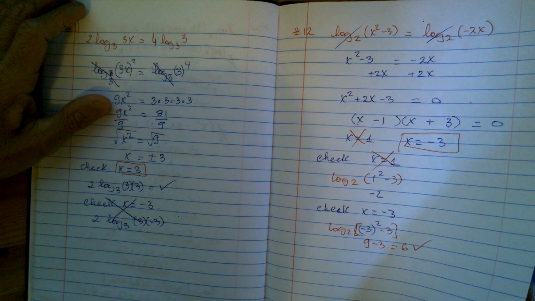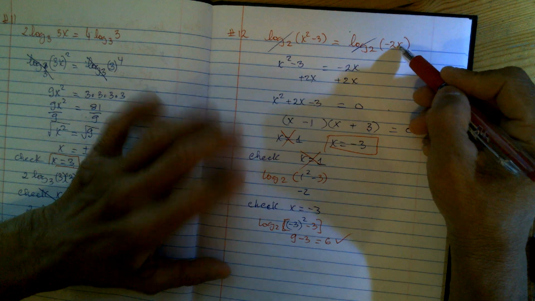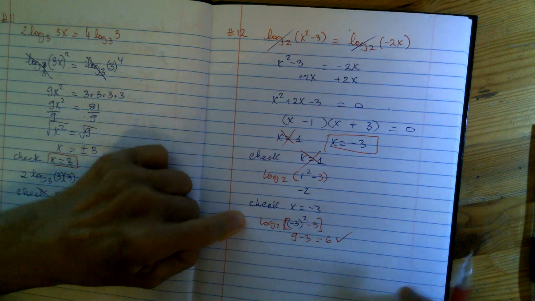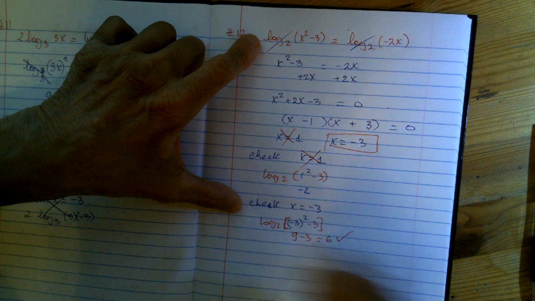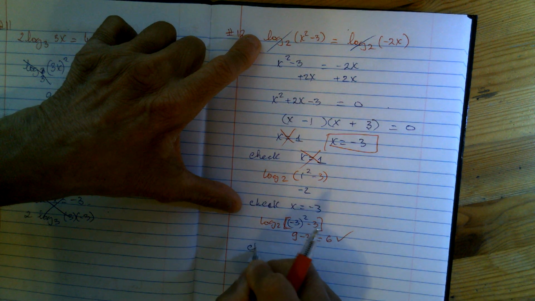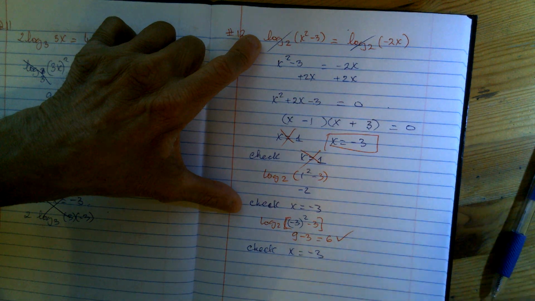All right. Number 12. That was number 12. Moving forward. Oops. No, we're not done yet. We had to check on this side. So far we only checked on the left, but we forgot to check on the right. So we have to go back and check x equal to negative 3 on the right.